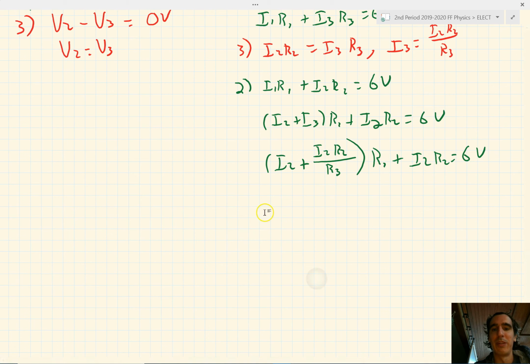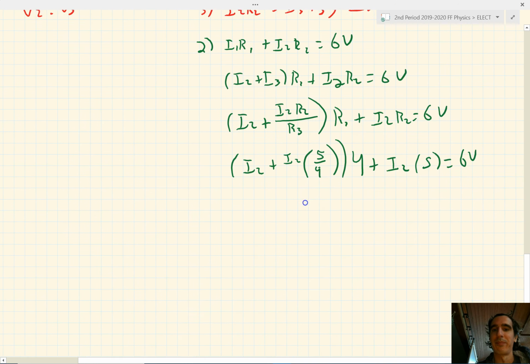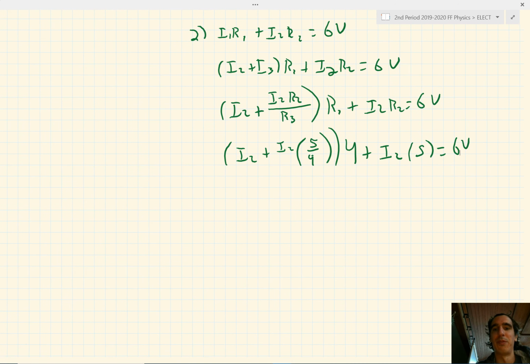What I'm going to do to help clean this up is just plug in our values that we know. So we have I2 plus I2 times R2 over R3, so that's 5 over 9, times R1, which is 4, plus I2 times R2, which is 5, and that is equal to 6 volts. So let's distribute the 4.